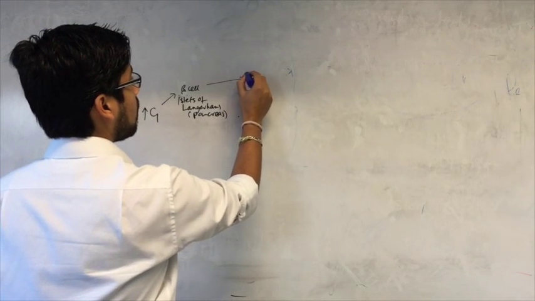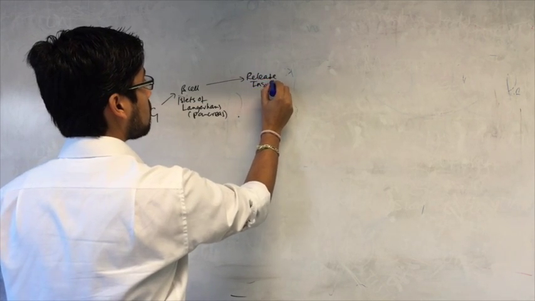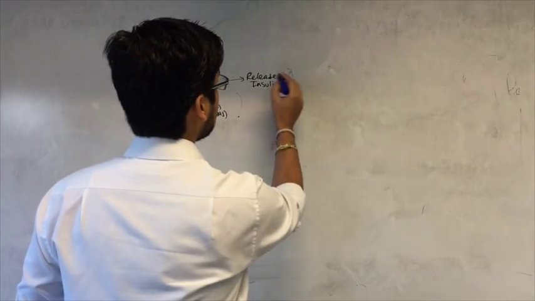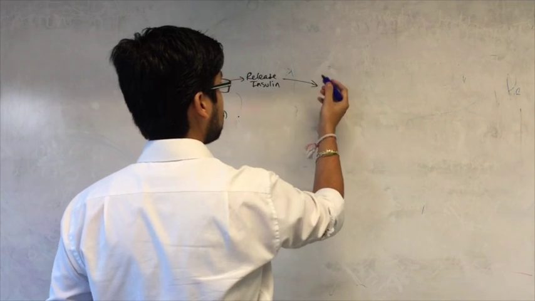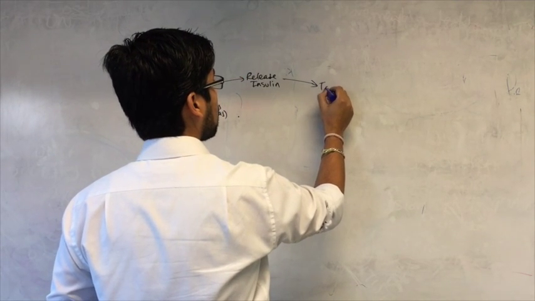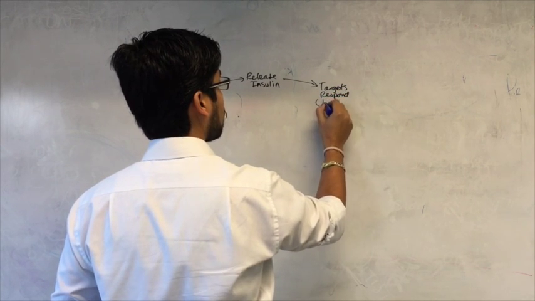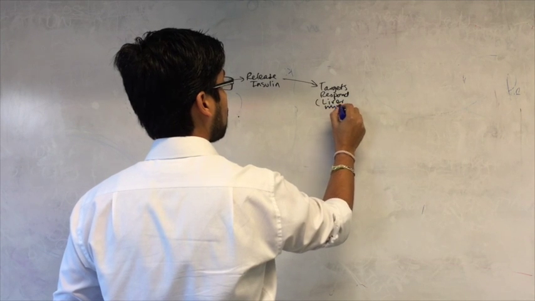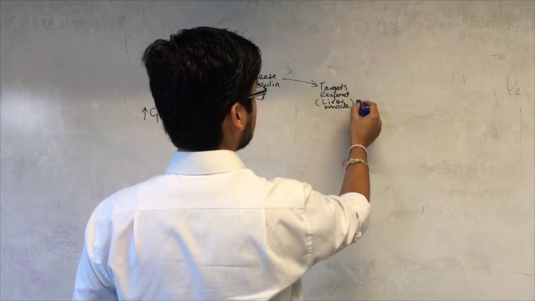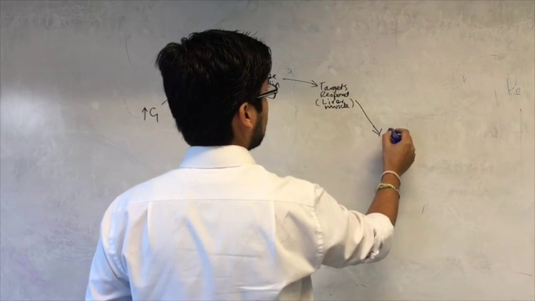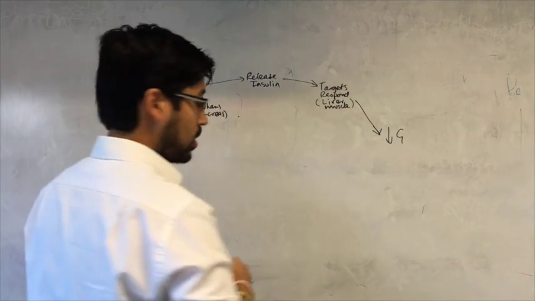They then release insulin, and the insulin is responded to by its target organs. Here we are talking about the liver and skeletal muscle cells, and their response is accompanied by the lowering of blood glucose levels.